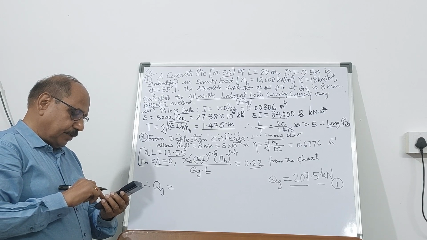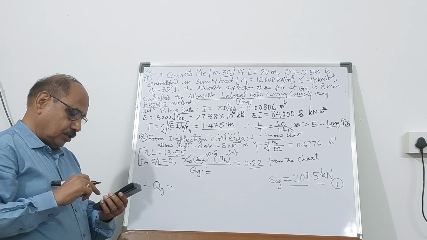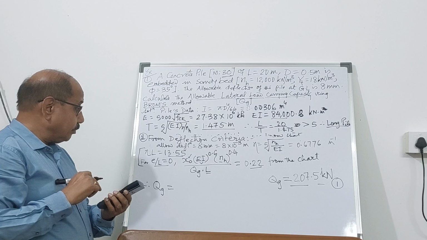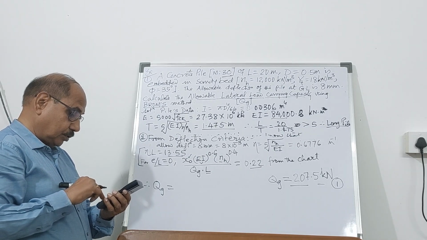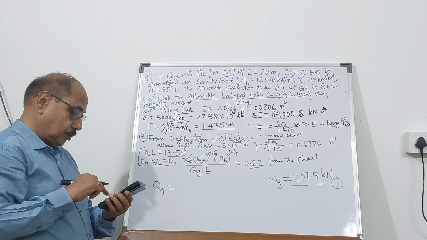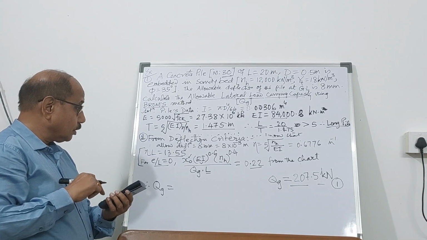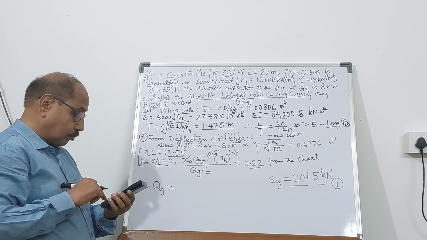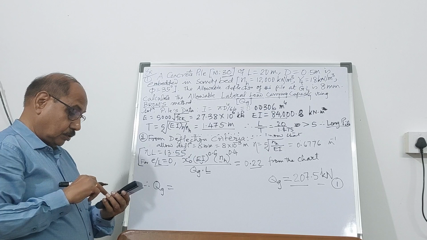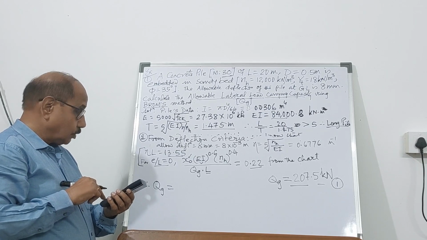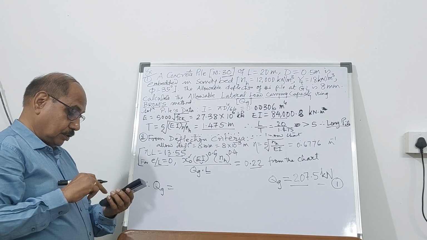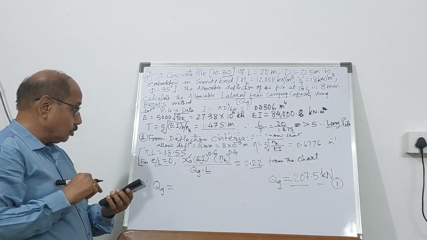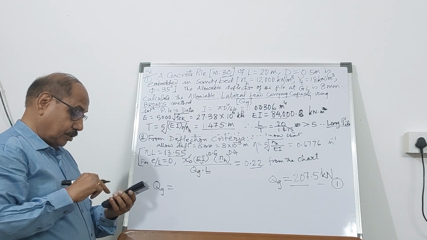So 8 millimeter, 8 into 10 to the power minus 3 multiplied by 84,000, 12,000 raised to 0.4 divided by 0.22 into 20 meter.